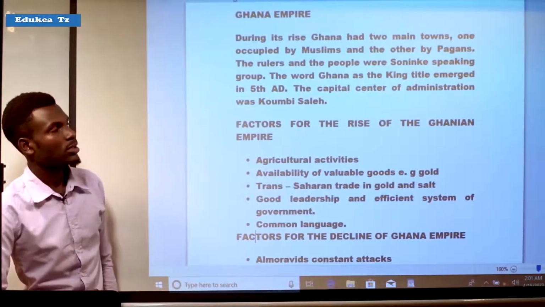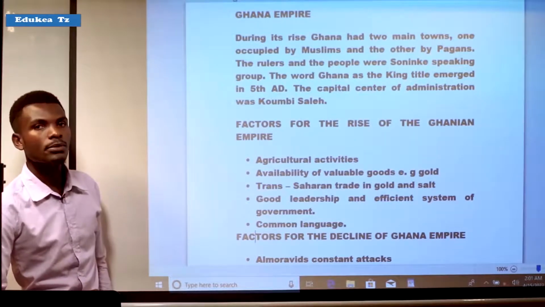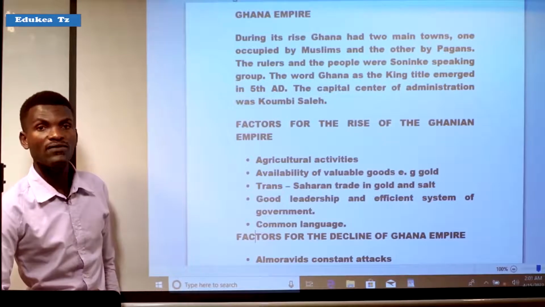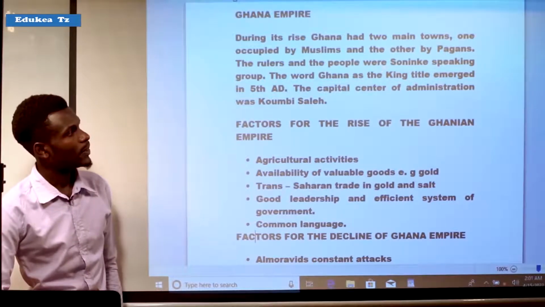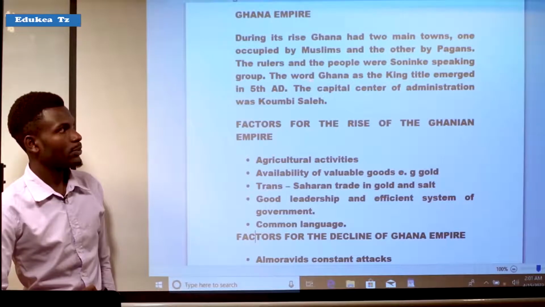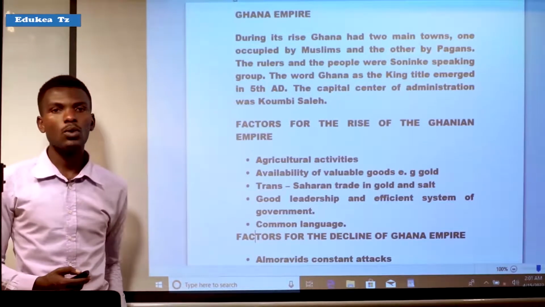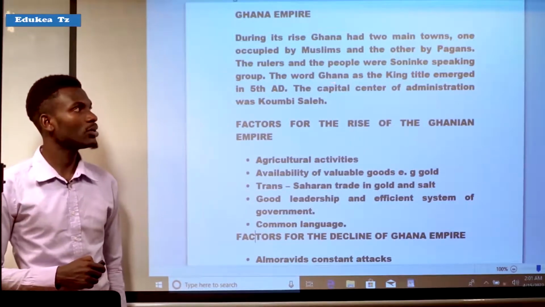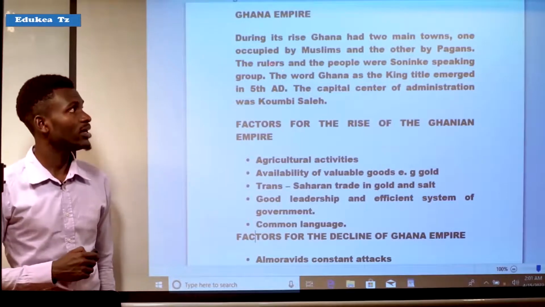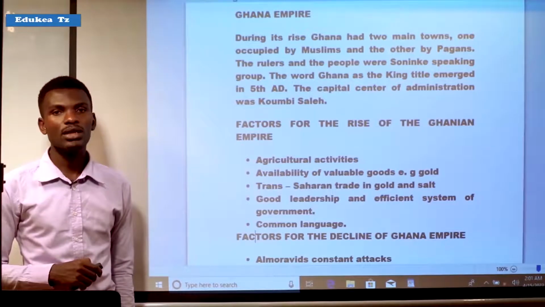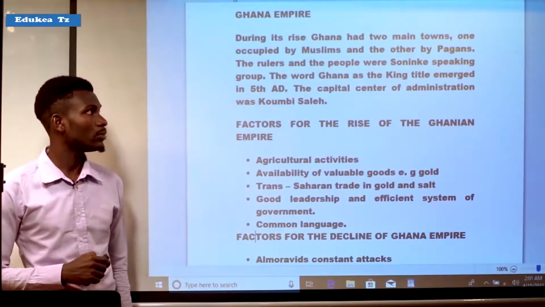The one town was occupied by Muslims and the other by pagans, the people who have no religion. Also, the rulers and the people were a Soninke speaking group. It means that the people of the Ghana Empire were speaking the Soninke language.